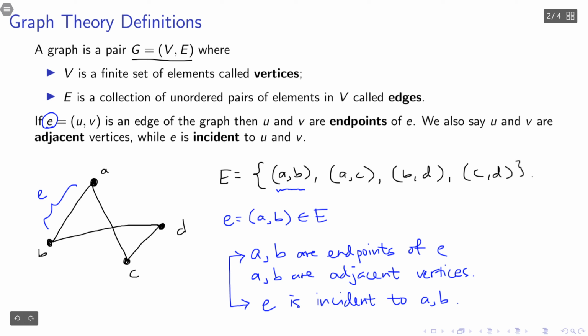And so incident and endpoints, that's just sort of like the reverse definition of one another, going from the vertices to the edge or the edge to the vertices. And then again, two vertices are adjacent if there's an edge between them. So just to give you another example here, we would also say B and C are not adjacent, right? Because there is no edge in between them.